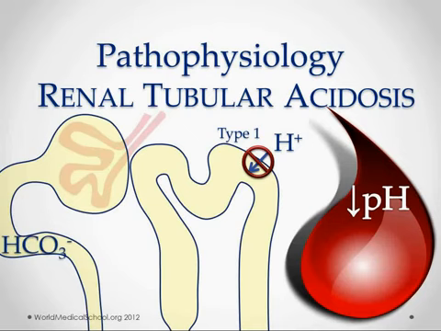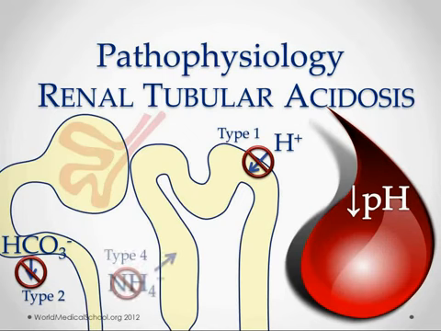If we're having a hard time getting HCO3 or bicarb back into the body from the urine, so we're having a problem with reabsorption of bicarb, then this is called type 2 RTA, or we also call it proximal RTA. There's also a red-headed stepchild of the renal tubular acidoses, and that's type 4.